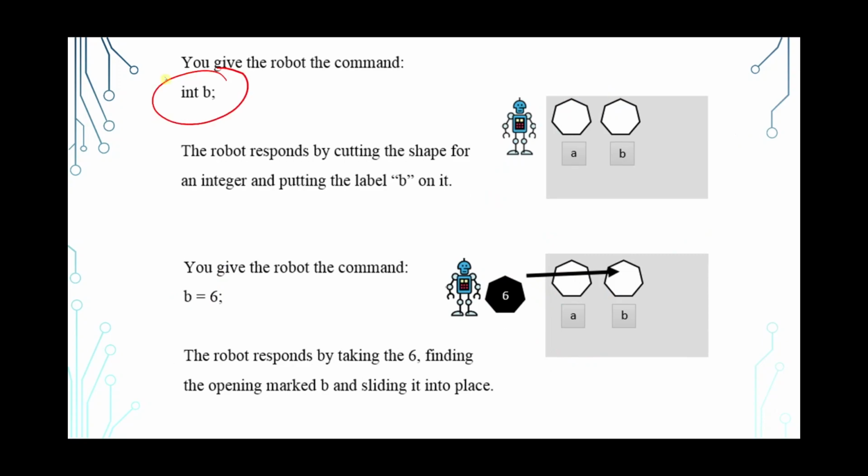The robot does the same by cutting the shape for an integer, because it's of type integer, and putting the label b on it. So you give the robot the command b equals 6, which is basically assigning the literal 6 to b. The robot responds by taking the 6, finding the opening marked b, and sliding it into b.